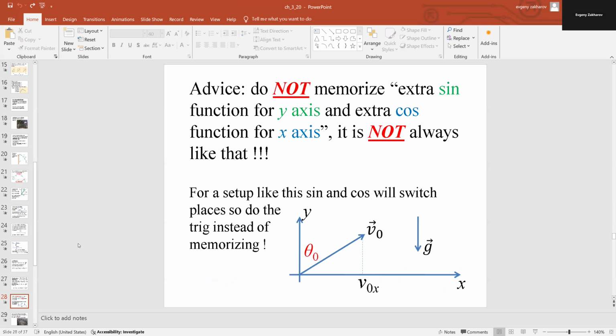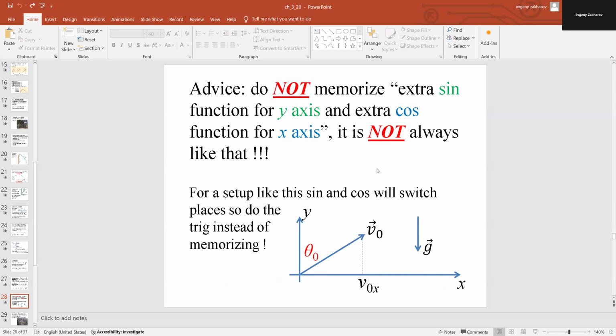Yeah, there's no need to memorize which one is sine and which one is cosine because it really depends on the reference angle. If your reference angle is here, then yes, it's going to be cosine for x and sine for y. But your reference angle can easily be the other angle. And if you choose this one to be your reference angle, then you're going to get cosine for vertical and sine for horizontal.